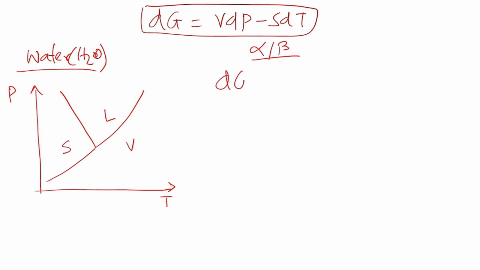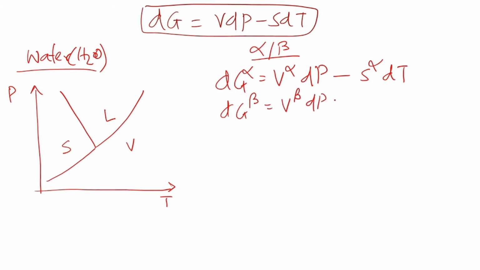I can write down dG alpha is equal to V alpha dP minus S alpha dT, right? You can do that. And dG beta is equal to V beta dP minus S beta dT, right? You can understand that? Well, you may be thinking, why are P and T remaining the same?